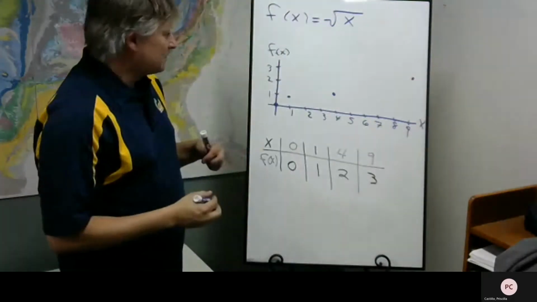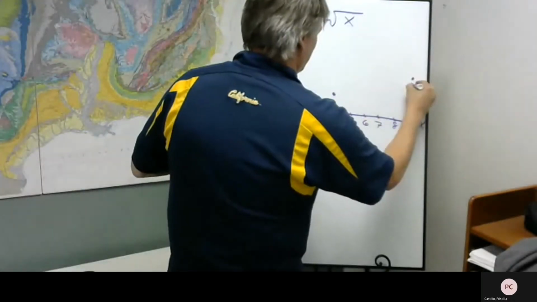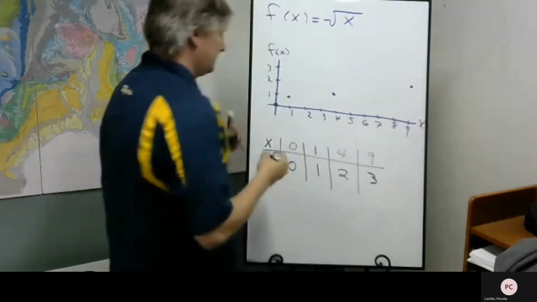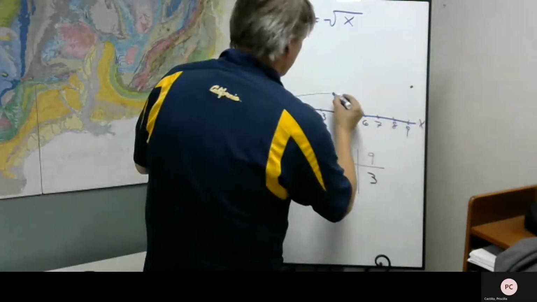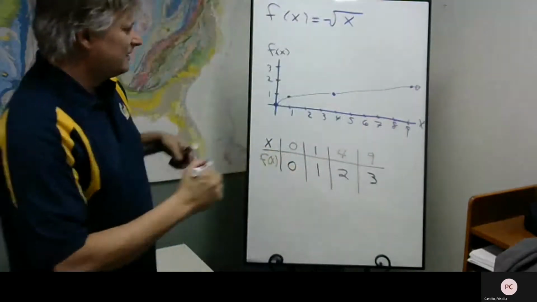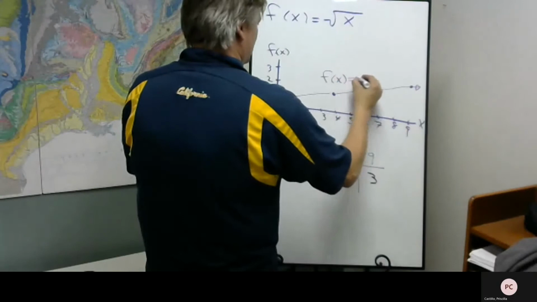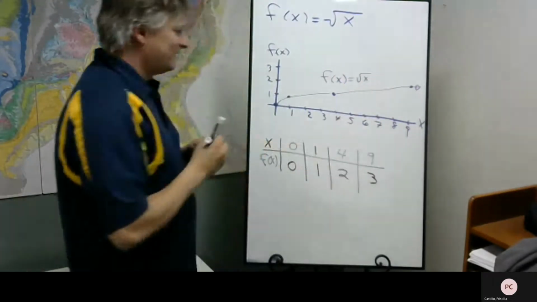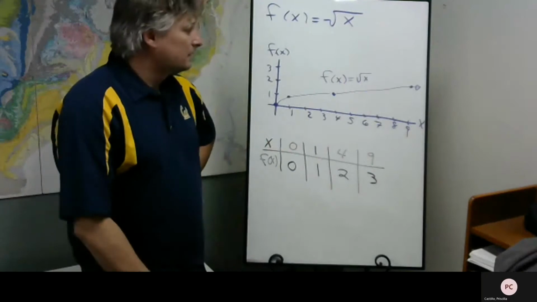There we go. And this would be f of x, the square root of x. So that's how we come up with this graph.